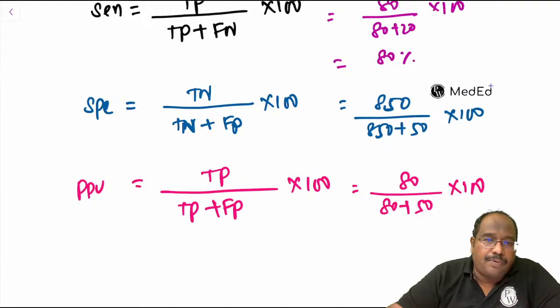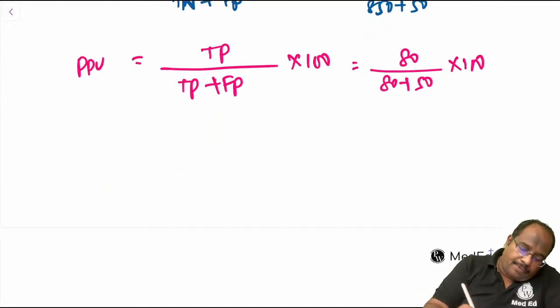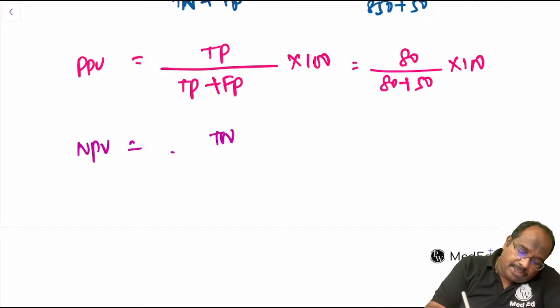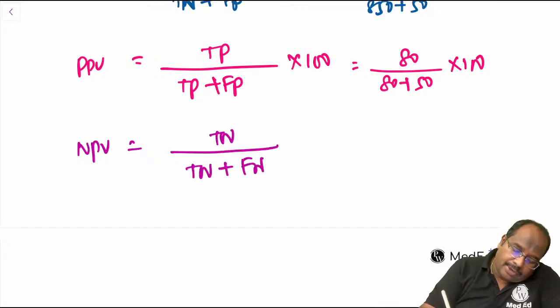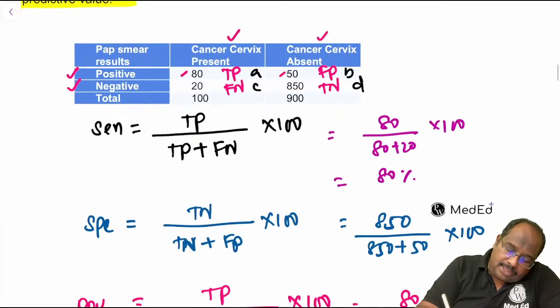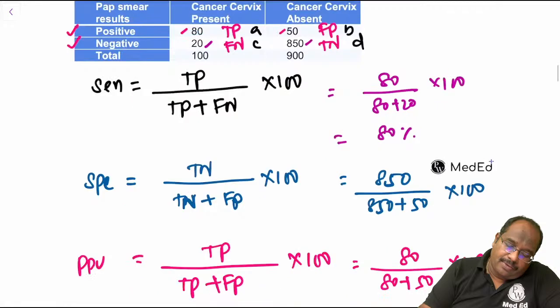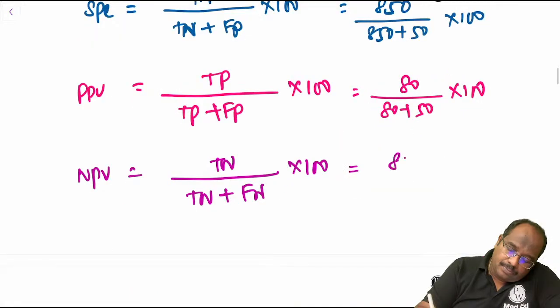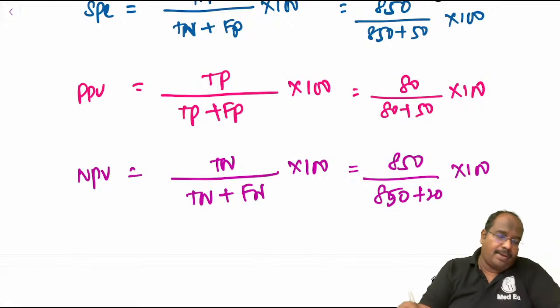A negative predictive value is true negatives, denominator all are negatives. True negatives plus false negatives multiplied by 100. So this is here 850 and 20, guys. 850 by 850 plus 20 multiplied by 100.